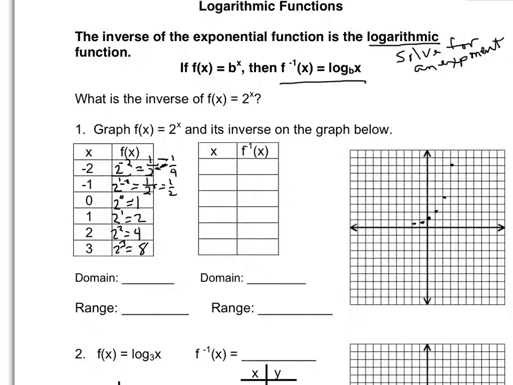Now, here would be the graph of y equals 2 to the x power. And what we have is an asymptote that is approaching the x-axis. As we get closer and closer to that x-axis, we are never going to actually get to 0. Think about this for a minute.